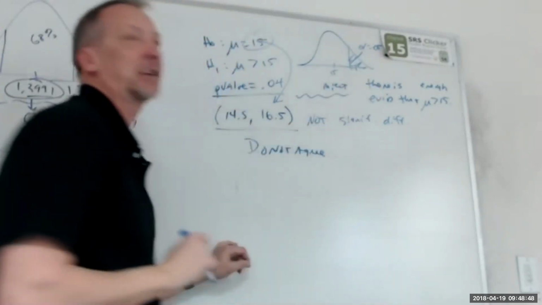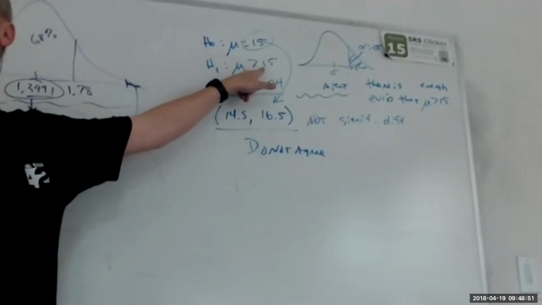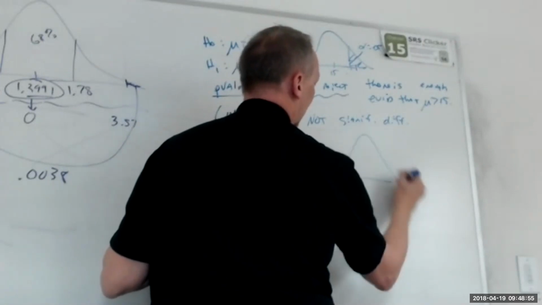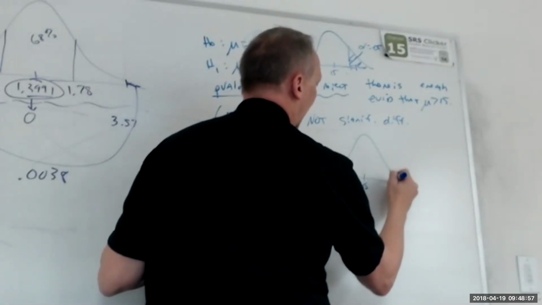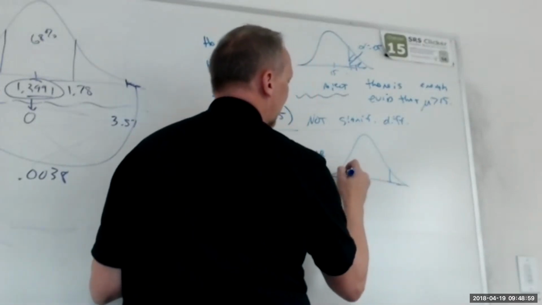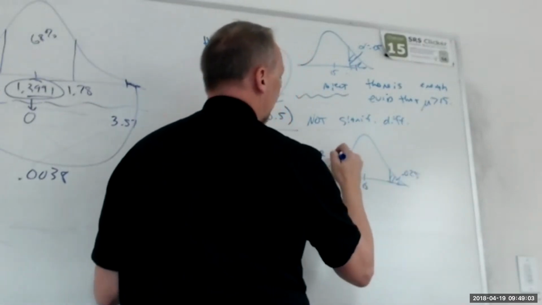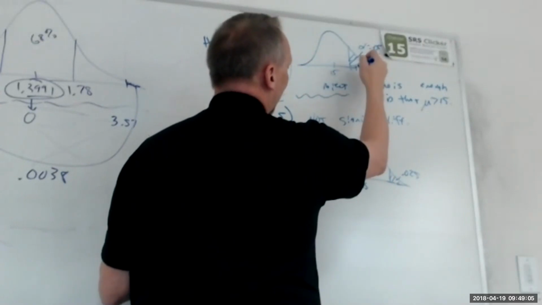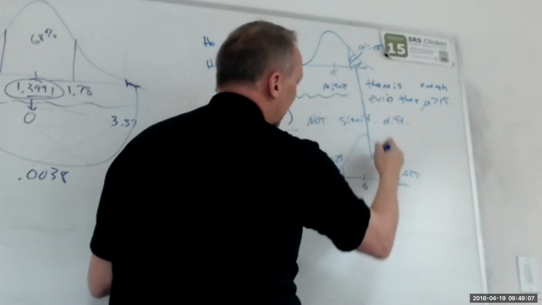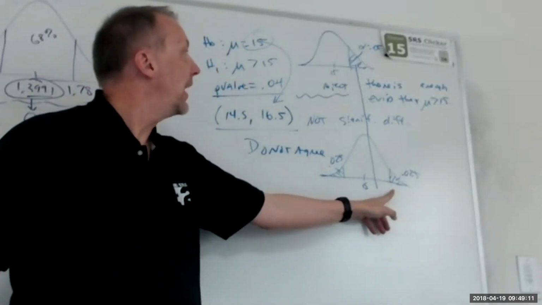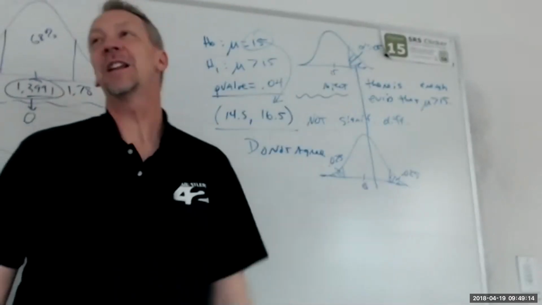So I'm in my rejection region on here. But if I were to draw the same graph here, 15, how much do I have on the right and the left side? I've only got 0.025 here, and 0.025 here. It would be closer there, okay? But I'm basically in my not reject region.